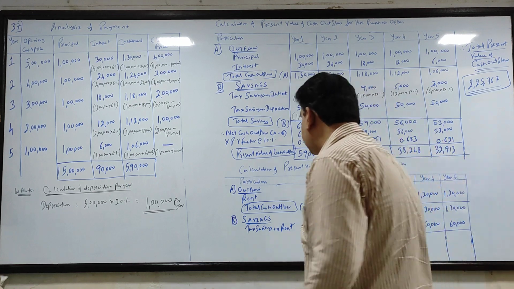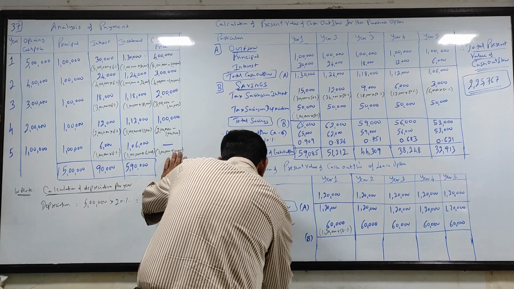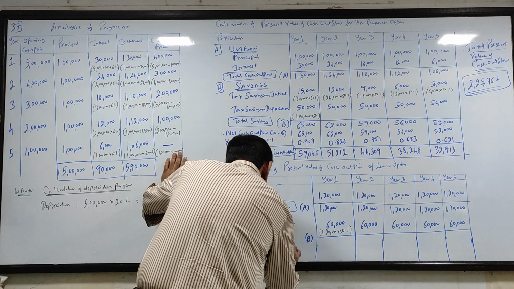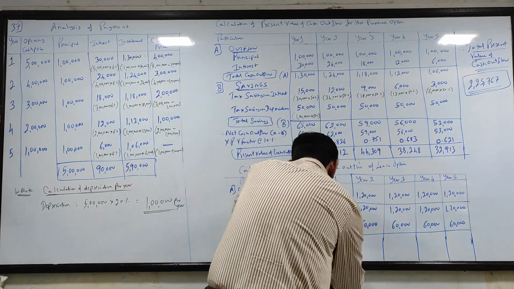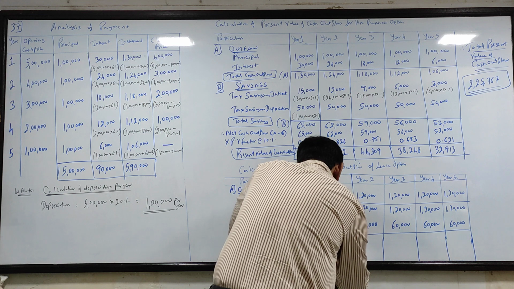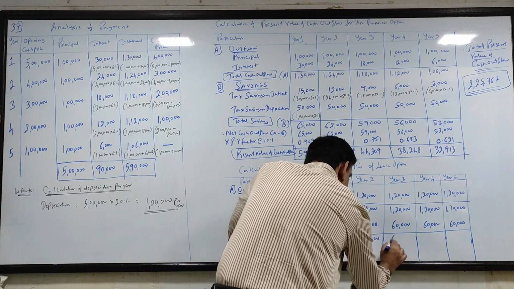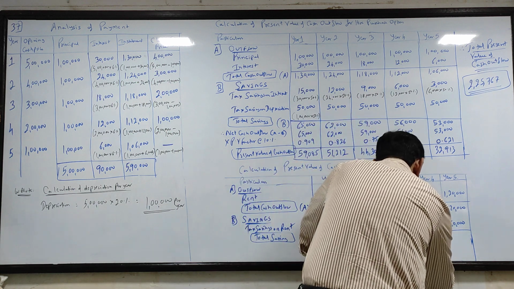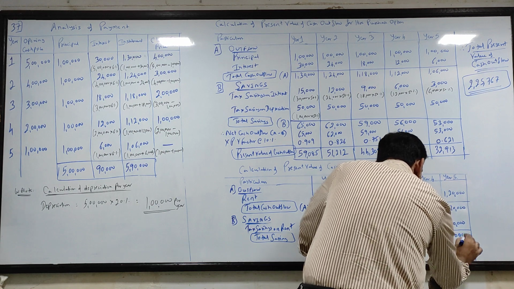Nothing else is there. Take the total B, that is total saving. So 60,000, 60,000, 60,000 and 60,000.